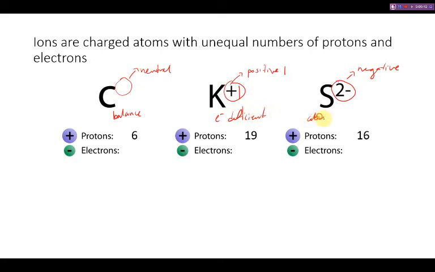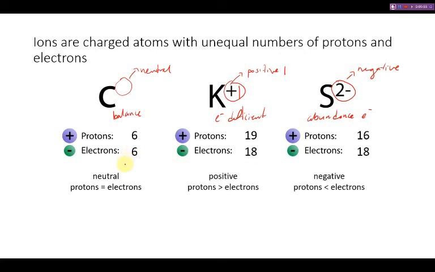And if there's an abundance of electrons, then we end up with a negative charge. So what we see here is that there are 6 electrons with carbon, there are 18 electrons with potassium, and there are 18 electrons within the sulfur ion as well. And down here, this just summarizes what we said earlier.